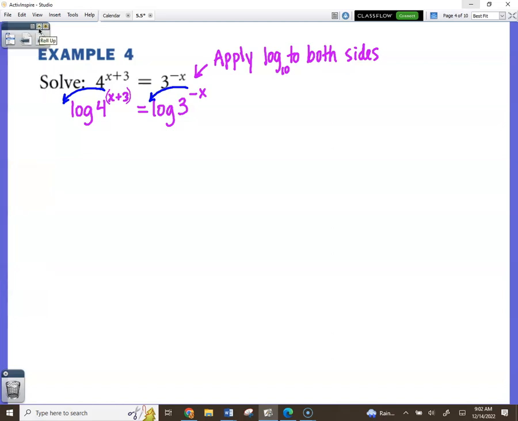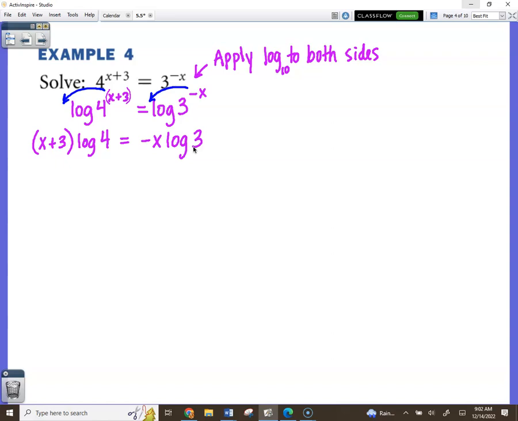Now I'm going to write exactly what I see. All right, it's very important to put that in parentheses. So I've got parentheses x plus 3 log 4 equals negative x log 3. How many terms are in these parentheses?